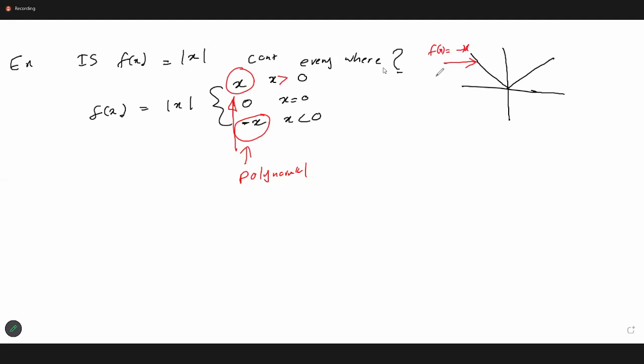So this one should be continuous, because this is a polynomial. Again, this is f(x) equal x. This part also is a continuous function because this one is also a polynomial. Now this one is continuous, this one is continuous. Only thing is we have to think about this point.